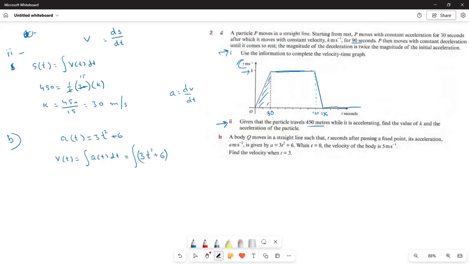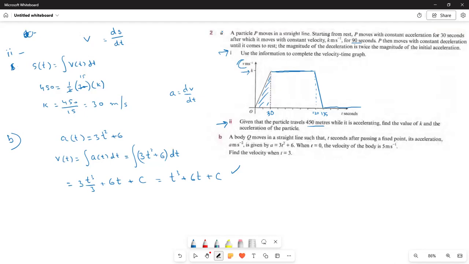This would be 3 times t cubed over 3 plus 6t plus a constant of integration, so it is t cubed plus 6t plus c. To double check, if I differentiate this, it gives me 3t squared plus 6, so the integration is correct.